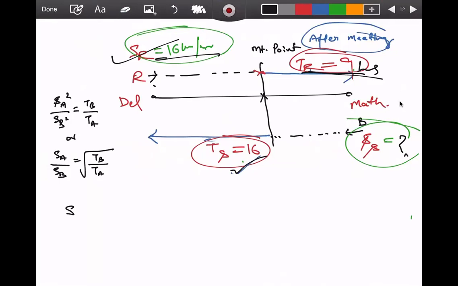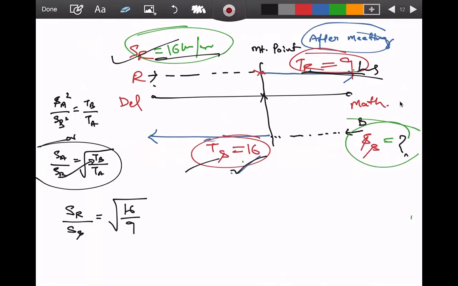So speed of Rakesh upon speed of Suresh should be square root of time taken by, देखो ये यहाँ पर आता है, सुरेश का टाइम आएगा 16 इधर, and we know that the speed of Rakesh is, ये जो टाइम है ये तो वो वाला टाइम है ना जो उन्होंने मिलने के बाद वही लेना होता है. ओके सर.